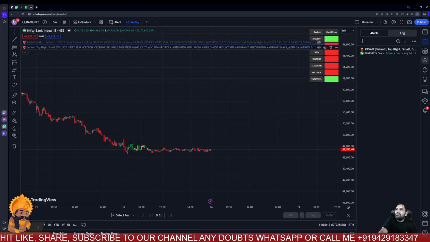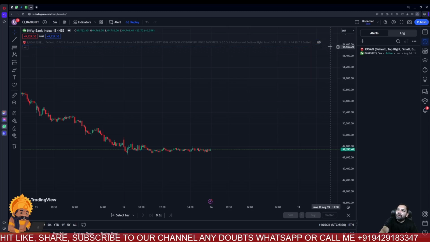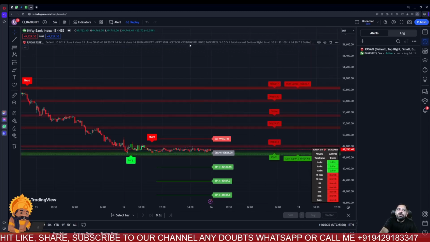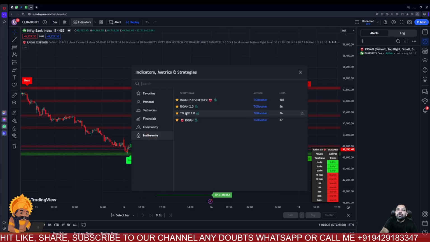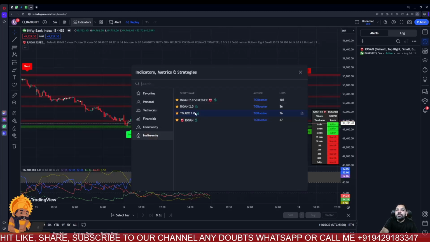So once you set the alert and it is active, after that there is no need to keep this indicator on the chart. Remove it. Use our main indicator, Ravan Screener, and another supporting indicator, that is TG ADX 2.0.